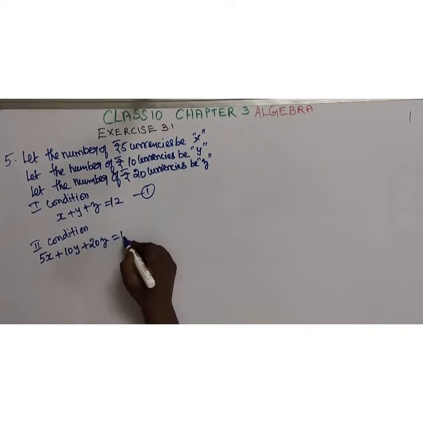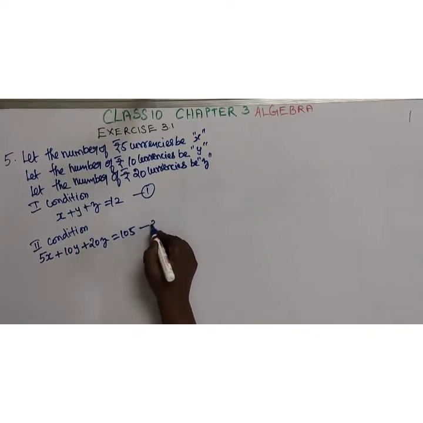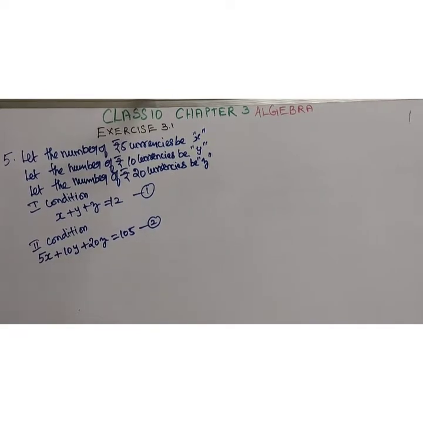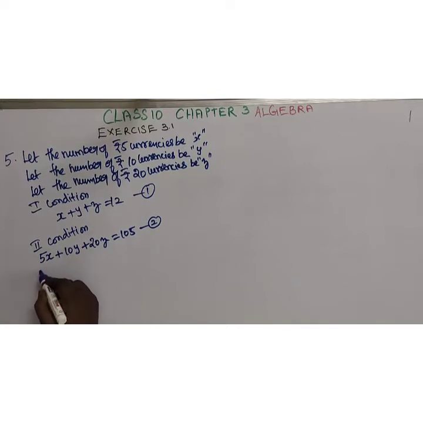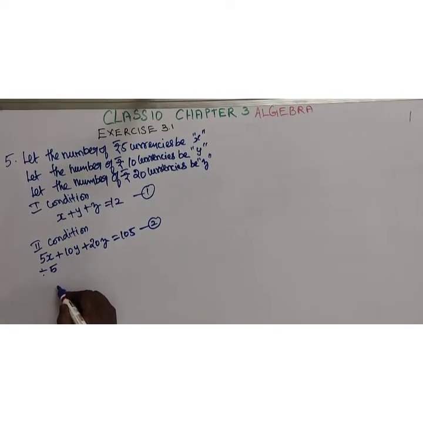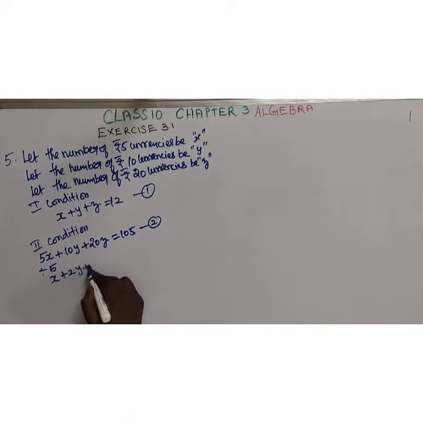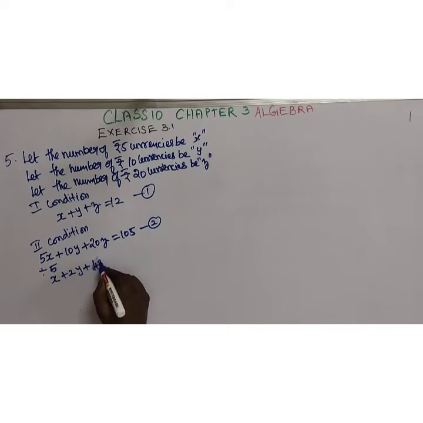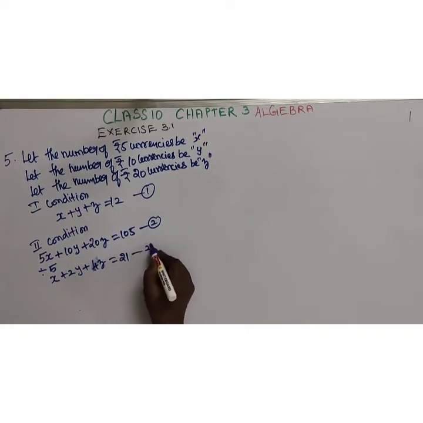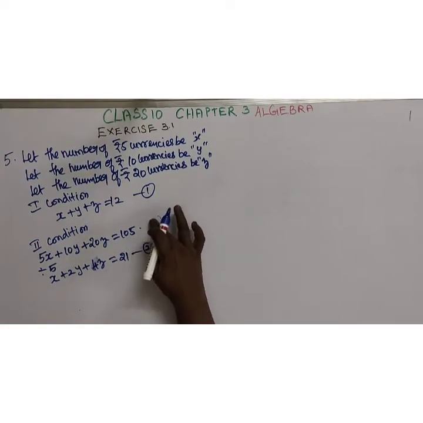Their value is 105. Have this as second equation. Now we can simplify by dividing all the terms by 5. So X plus 2Y plus 4Z equal to 21. Have this as second equation.